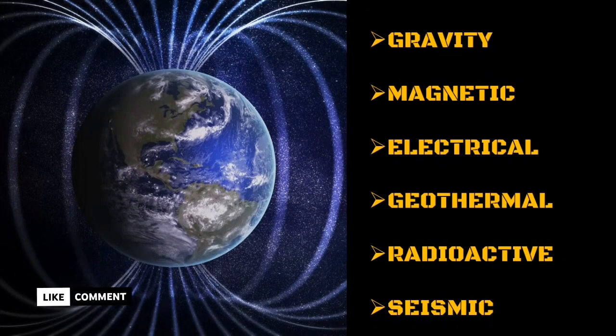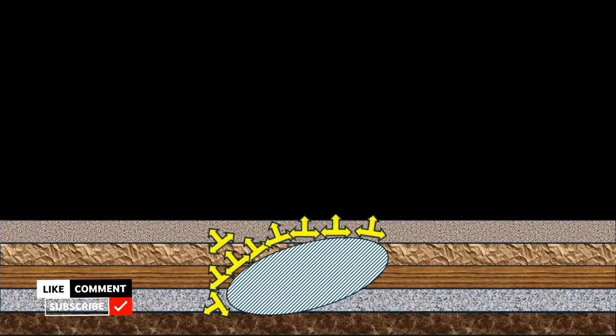In the gravity method, the gravitational attraction of subsurface bodies buried in the ground applies forces on the masses, and when we measure the gravity field at the site of investigation, we see gravity fluctuations using a gravimeter.